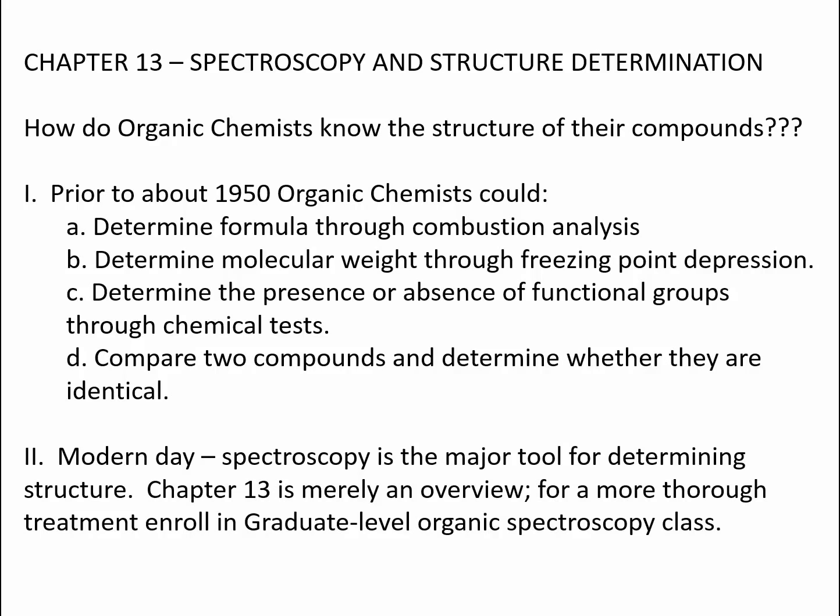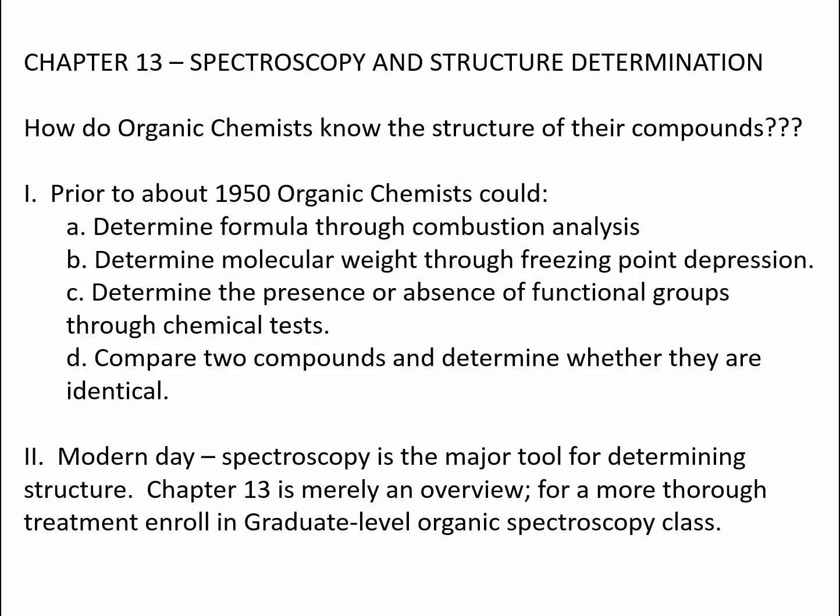What you could do is determine the formula through combustion analysis, analyzing the amount of carbon dioxide and water that's produced when you burn something, and that would tell you the percentage of carbon and hydrogen in your molecule.